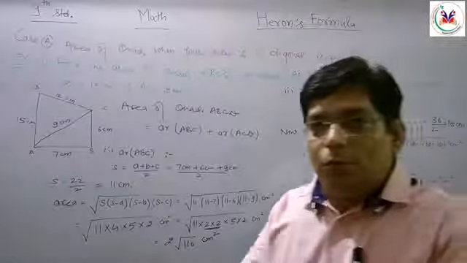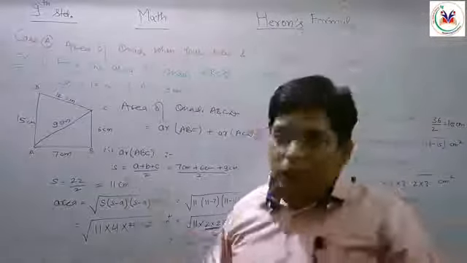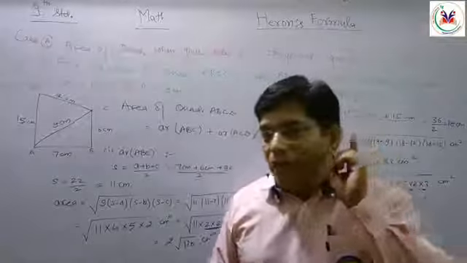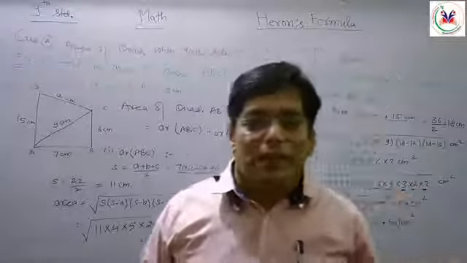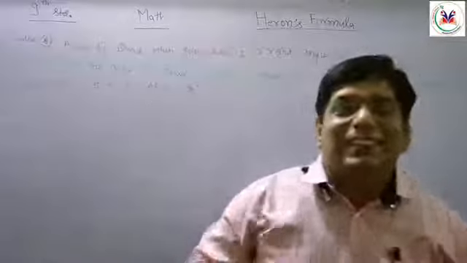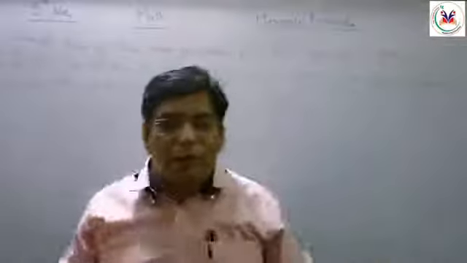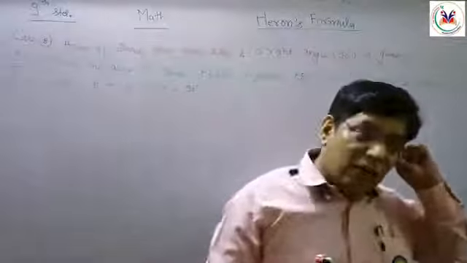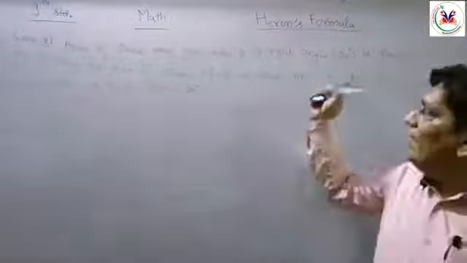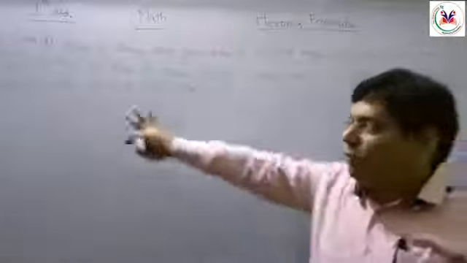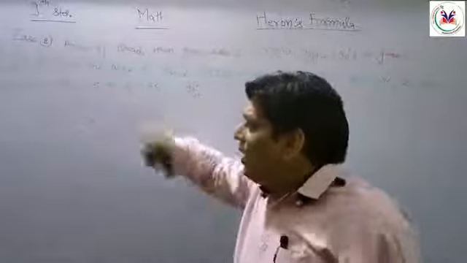That is the first part of how to calculate the area of quadrilateral when 4 sides and 1 diagonal are given. Now, the second case of getting the area of quadrilateral is when 4 sides and 1 right angle of 90 degrees are given.